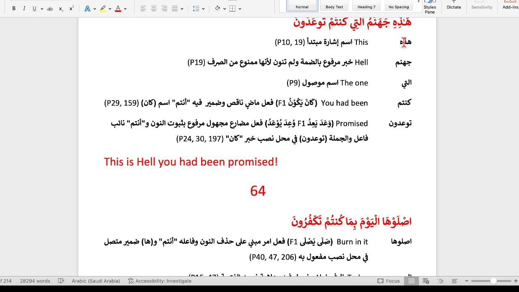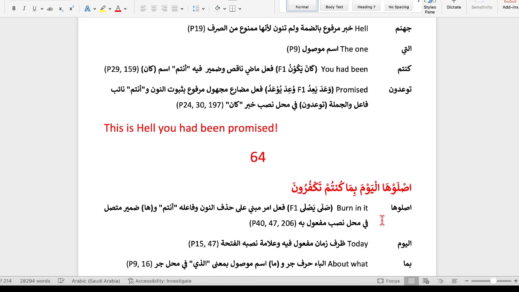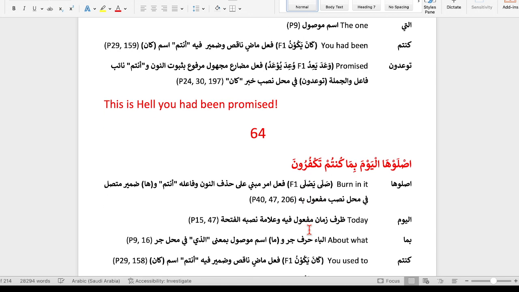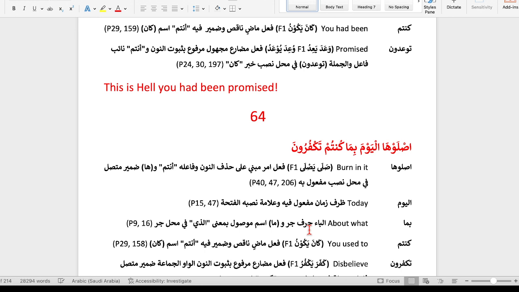That is why hazihi was used. So Jahannam is a feminine noun. So ha is dameerun muttasilun fi mahalli nasbin maf'ul bihi. Al yawma zarfu zaman, or also we can say maf'ul fihi.